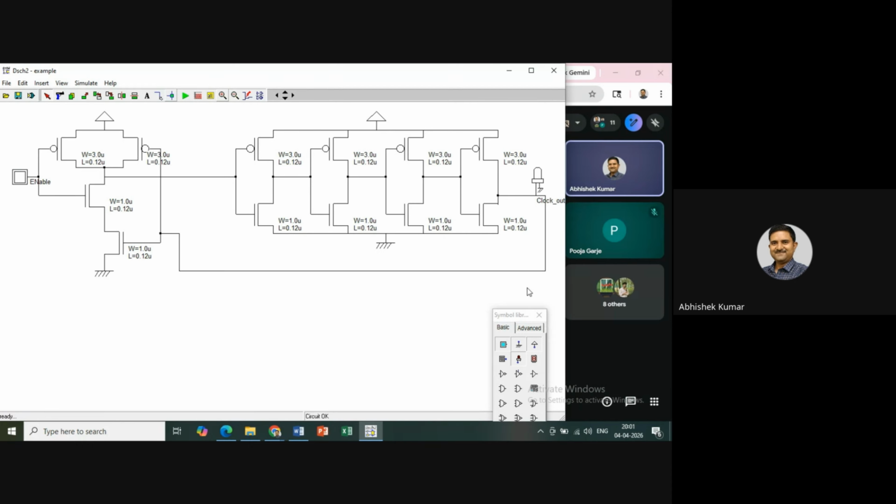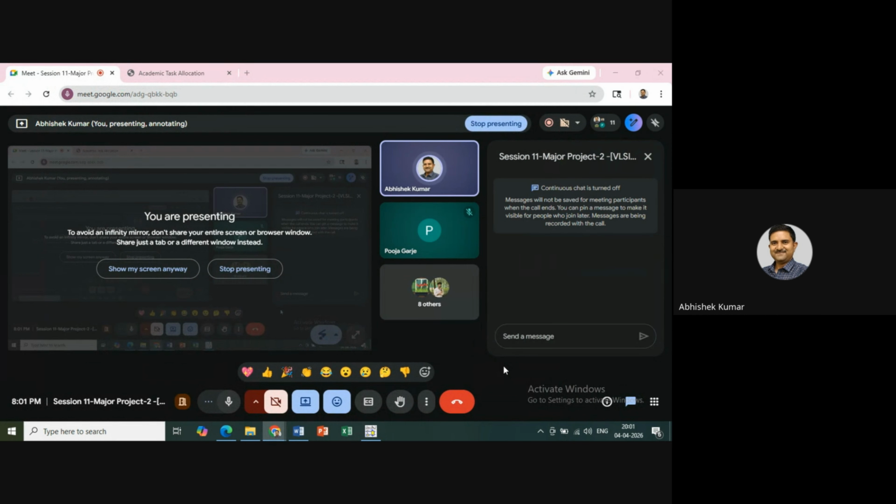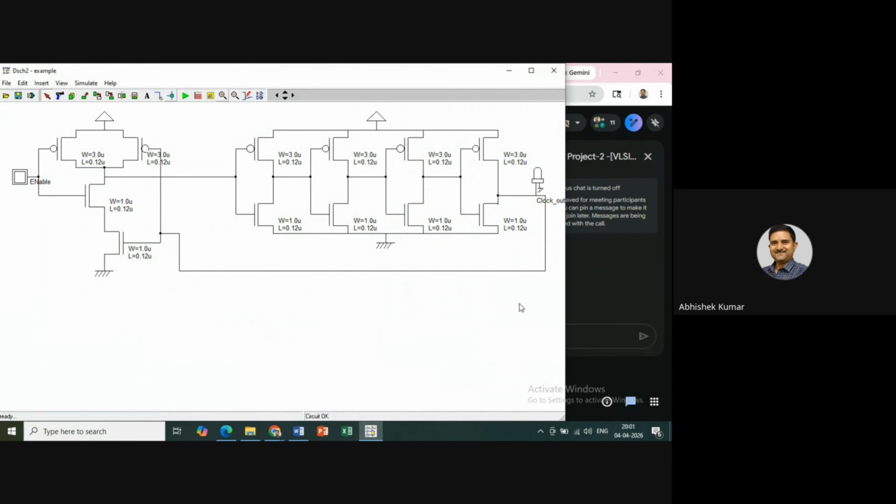Okay. So that is one of my projects today, that is how to design ring oscillators at the transistor level.